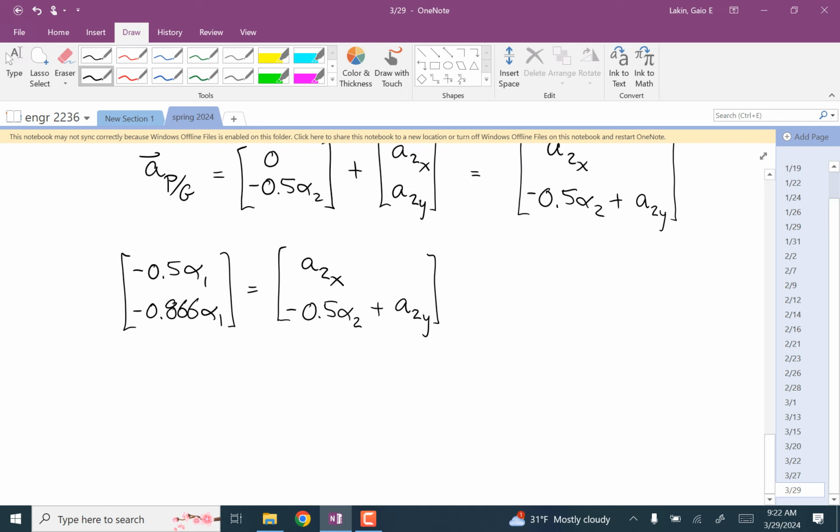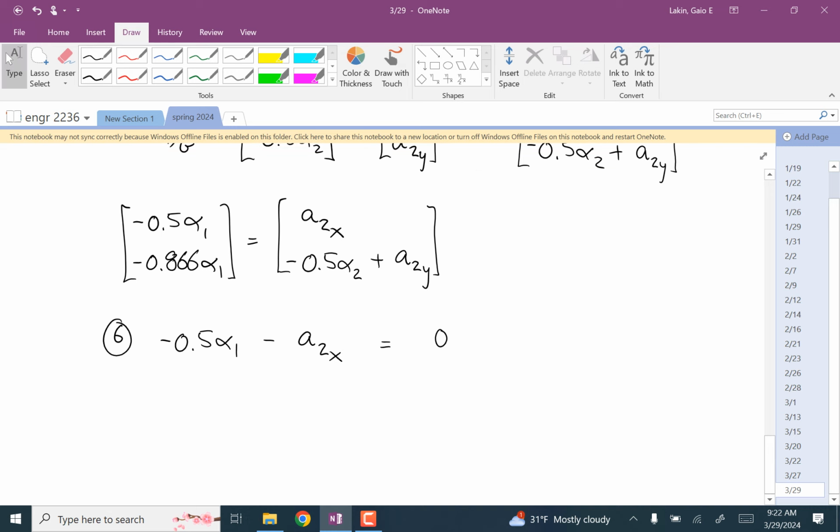And these are equations 6 and 7. So 6, I'll write this as negative 0.5 alpha 1 minus a2x is equal to 0. And equation 7 says negative 0.866 alpha 1 plus 0.5 alpha 2 minus a2y is equal to 0.